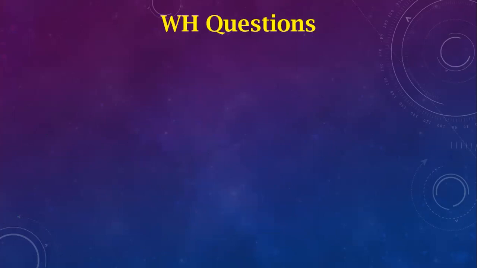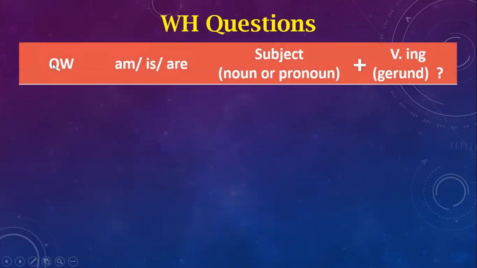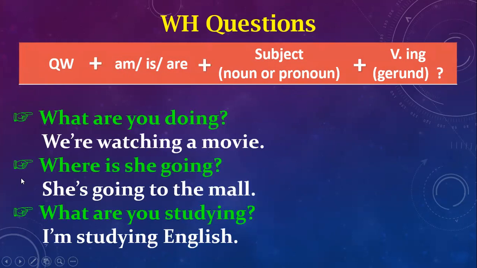The next part is the question with WH, which means that it begins with a question word like what, where, when, why, then the auxiliary verb am or is or are, then the subject and the gerund at the end. Let's see the example. Here, what, are the auxiliary verb, you the subject, and doing the gerund.